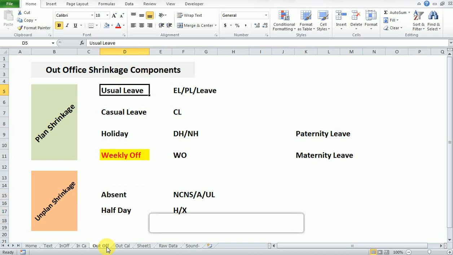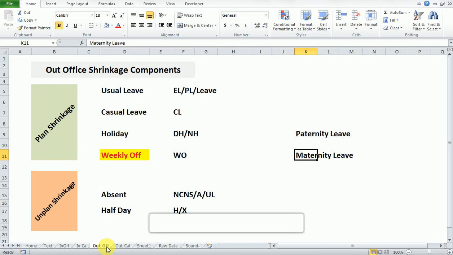Except these, we have the paternity leave and maternity leave. Paternity leave is given when you become a father, and maternity leave is a long type of leave, like 6 months in some offices or as per the government guidelines.